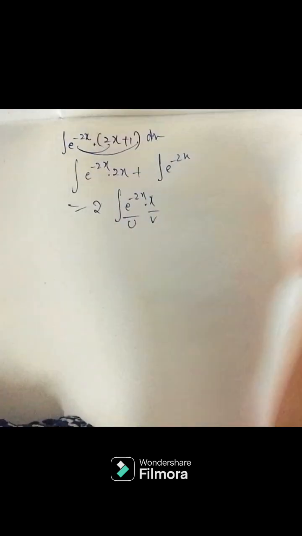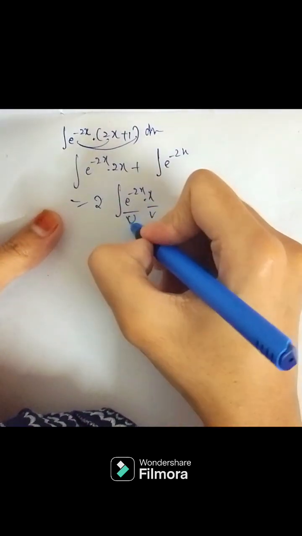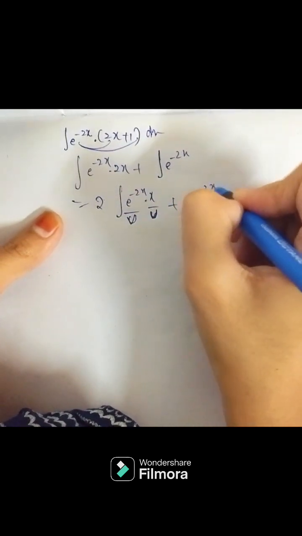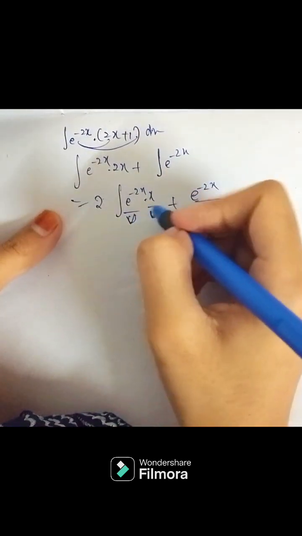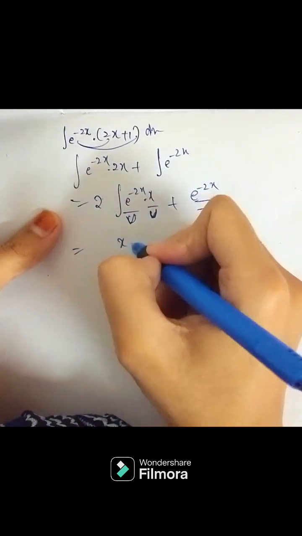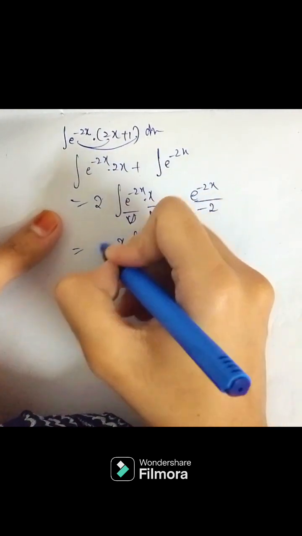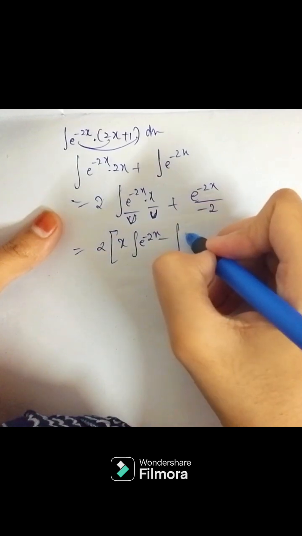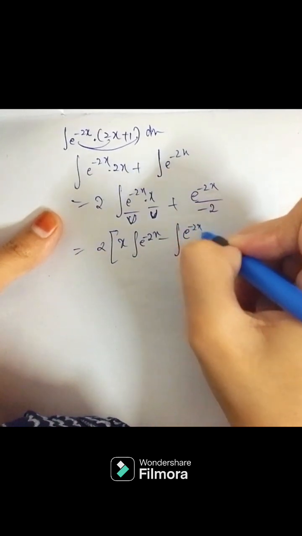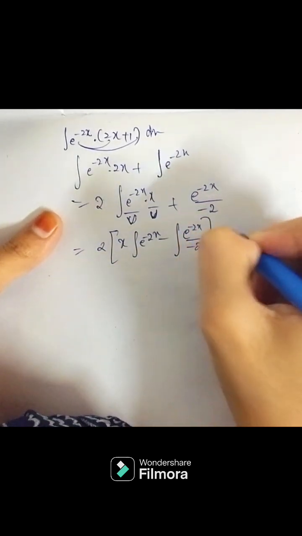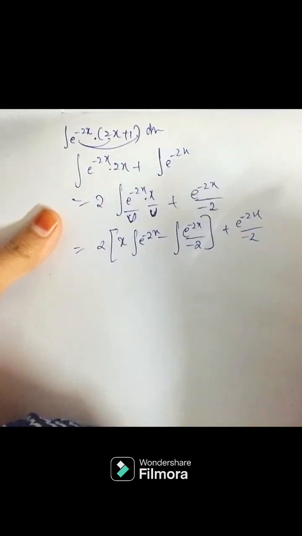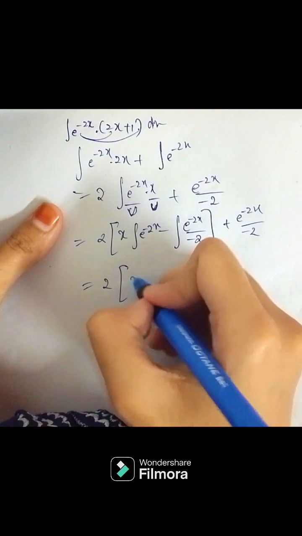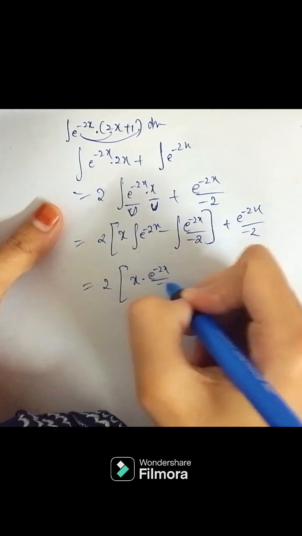So this is v and this is u, exponent term: u integral v, plus e power minus 2x by minus 2, minus u dash into integral of e power minus 2x, which is by minus 2. So x into e power minus 2x by minus 2, minus integration of this.